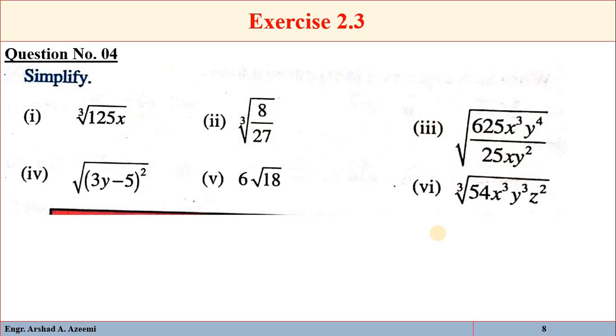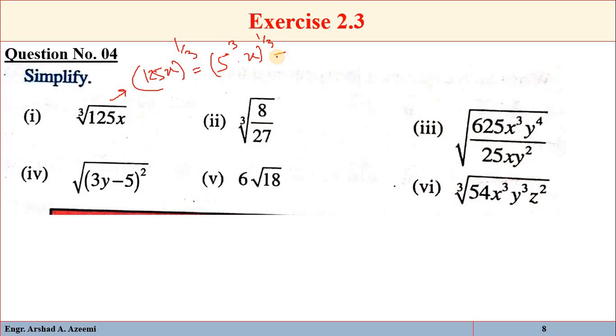Now simplify the following. Here you can see that we can write this in exponential form: 125x to the power 1 over 3. Now we can write 125 as 5 cube, and x to the power 1 over 3.